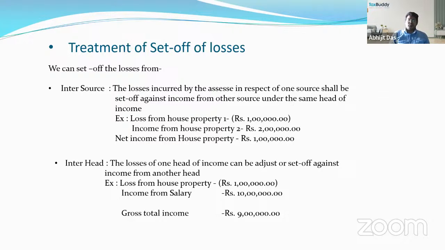Inter-head. The losses from one head of income can be adjusted or set off against the income from another head. Example, the loss from house property is rupees 1 lakh and the income from salary is rupees 10 lakh. So the gross total income is rupees 9 lakhs.